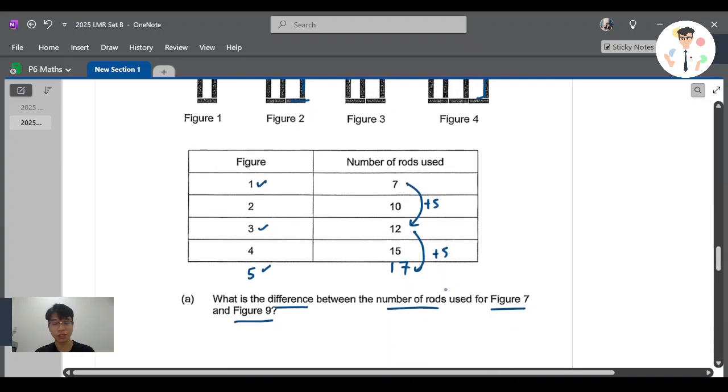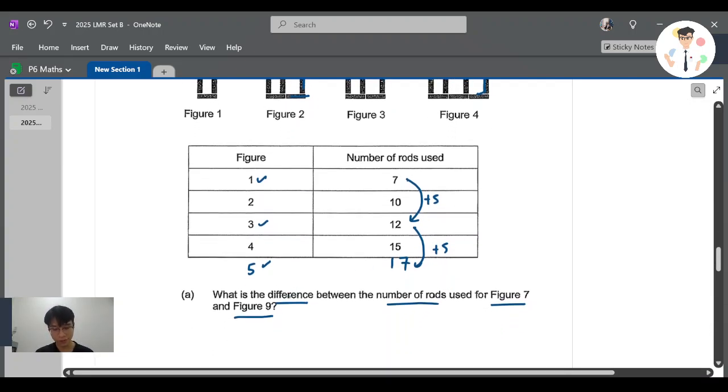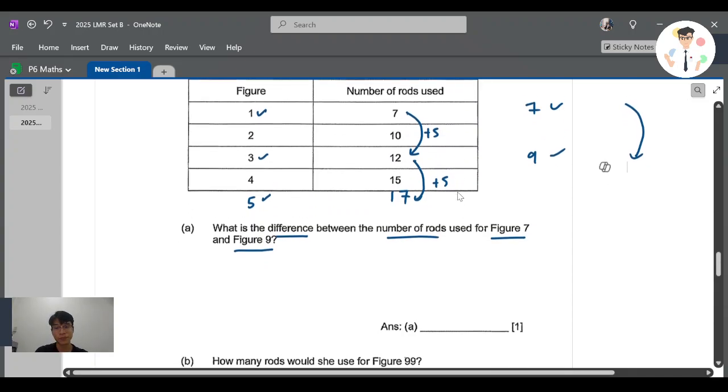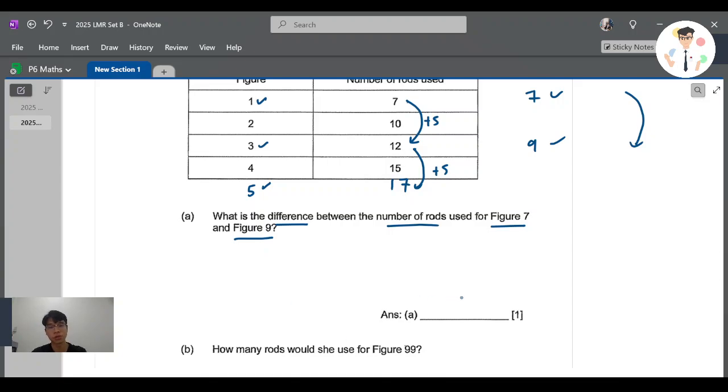And the question asks, what is the difference between the number of rods used for figure 7 and figure 9? You know 7 and 9 are odd numbers, so the increase from 7 to 9 will of course be 5. It will be the same. So here is 5. Nothing tricky here, okay?